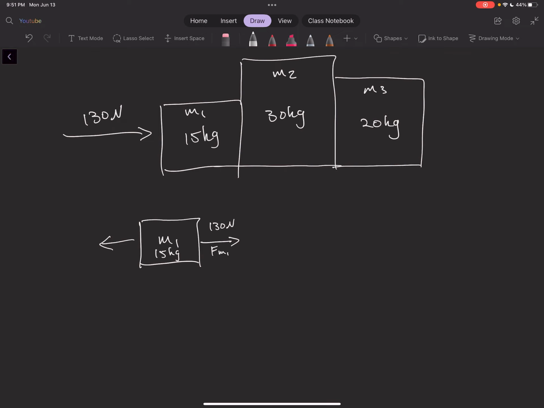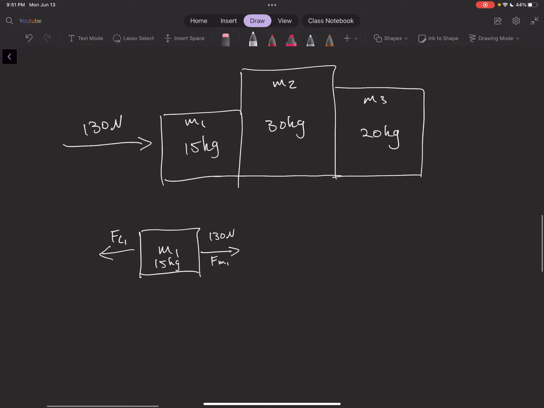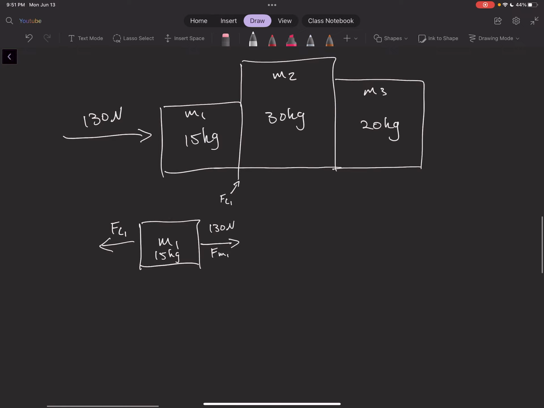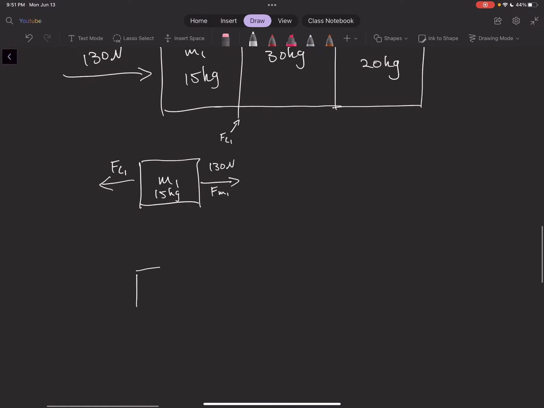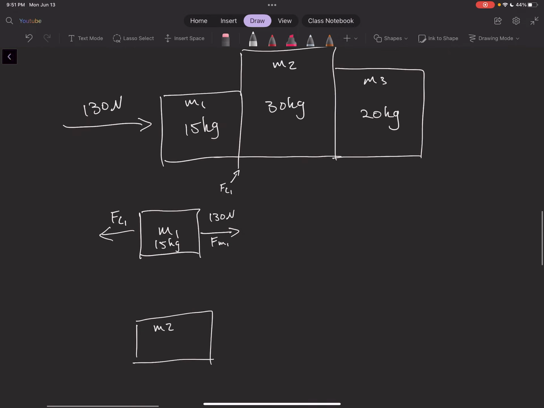They're resisting that push. This is the first contact force, right? There is a contact force here. That is the first contact force.